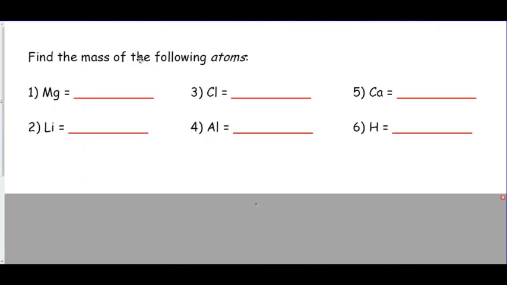So what I want you to do is find the mass of these atoms below in your notes. You're going to use your periodic table and simply look up all of these elements and put their masses in AMUs. I'll give you a few minutes to do that. You should pause the video now to give yourself enough time to look up these masses on your periodic table.